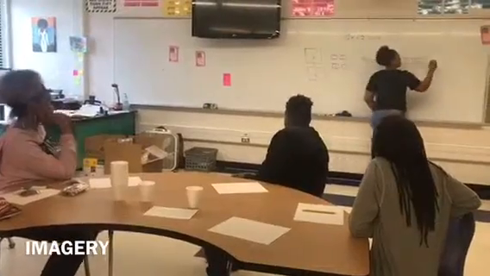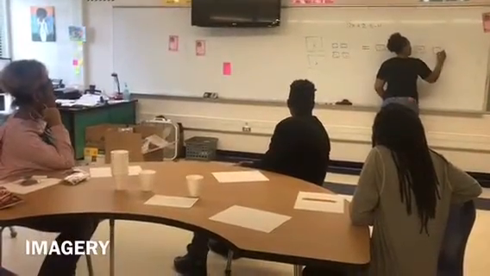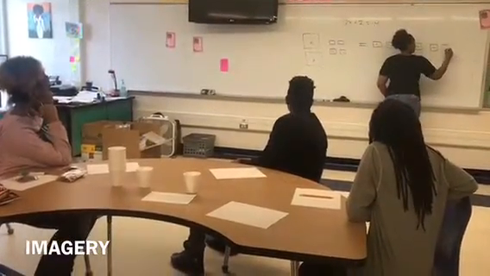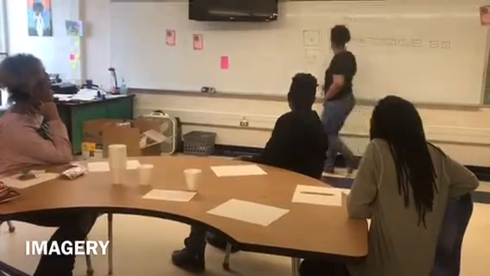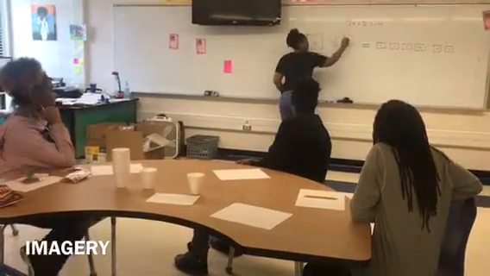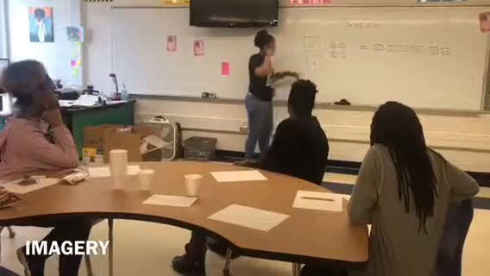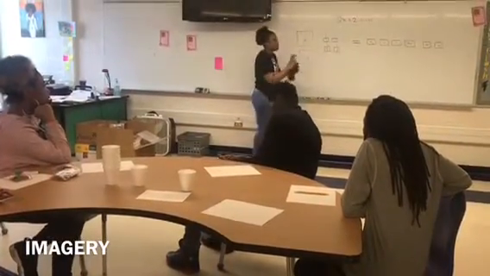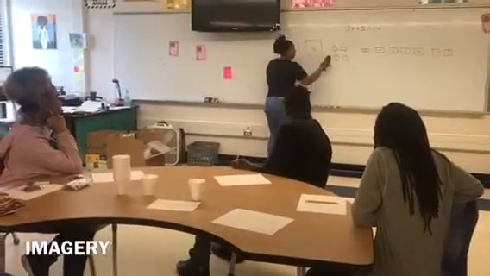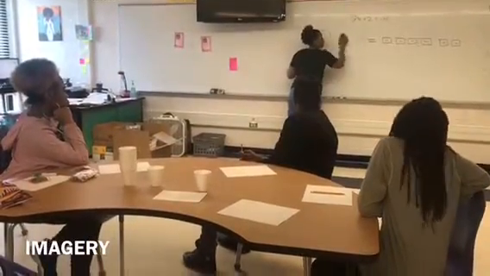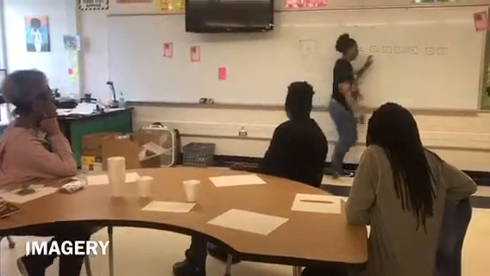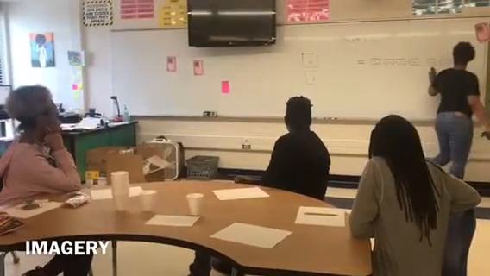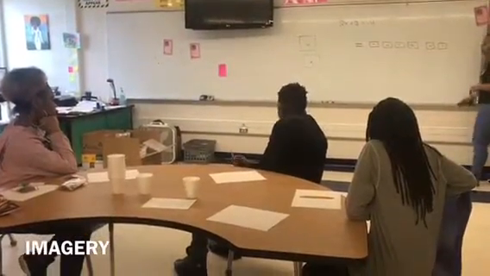So I need to -2 again, okay? So these two do what? Cancel out. So that leaves me with what on this side? 2x, okay? So now I'm gonna start erasing. So now I got 2x equals what? 1, 2, 3, 4, 5, 6, -6.